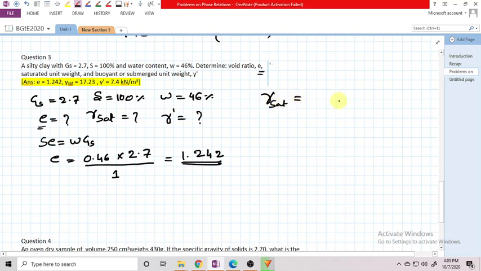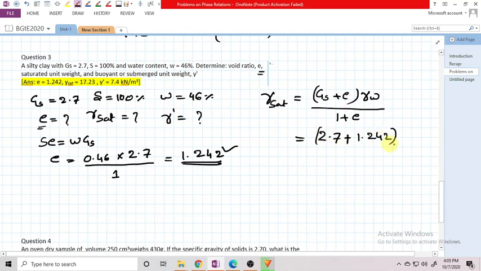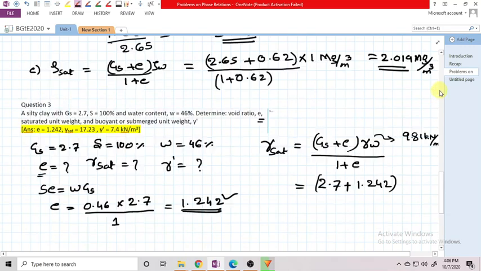Gamma sat equals (Gs + e) times unit weight of water divided by (1 + e). Gs is 2.7 plus e, which we just found out, 1.242. The unit weight of water is usually 9.81 kilonewton per meter cube.